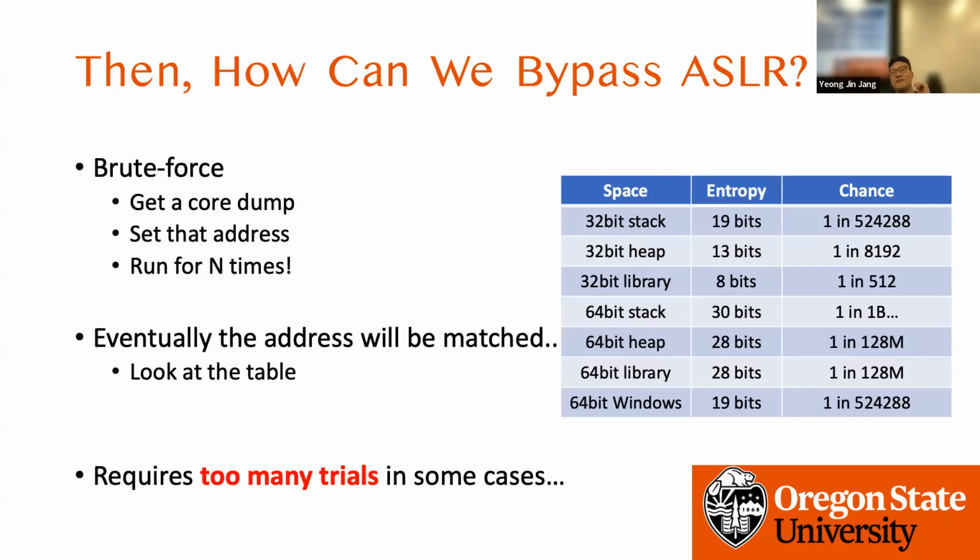Then you can find your shellcode address, or some other function address, or a library address, or any kind of address, and fix that address. If that is shellcode or system or something like that, fix that address and run it again and again. Then eventually it will match, because there's limited entropy. But with this table in 32-bit, which address do you want to try for this brute force attack?